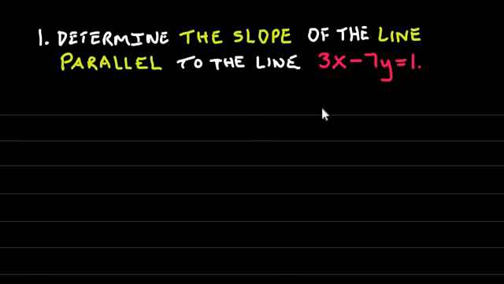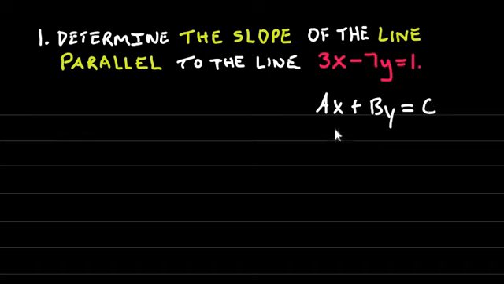The equation given to us is in the standard form ax plus by equals c. A is a positive number and a, b and c are constants. Now, in order for us to identify the gradient of this equation, we will need to have this equation in the slope-intercept form and not the standard form as we have here.